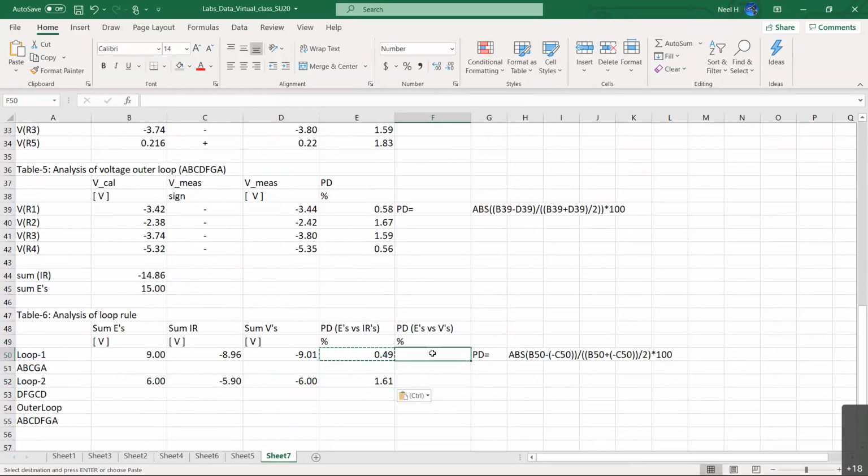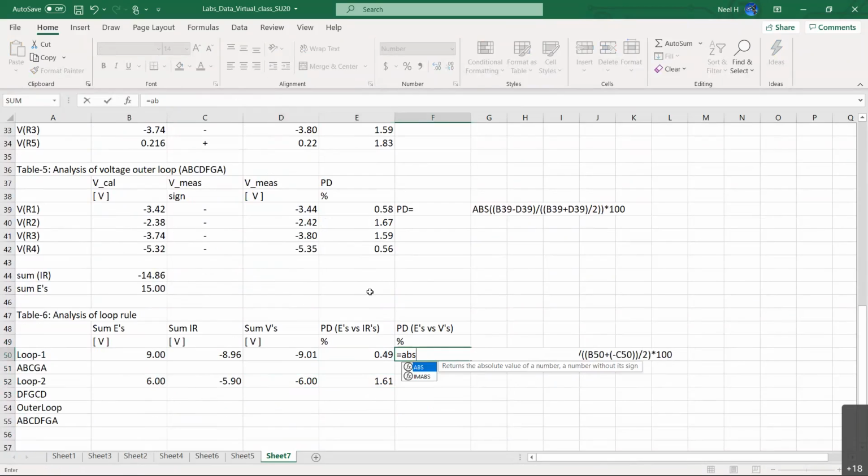Let me do this percentage difference also. You can copy paste this one here to here, but you have to readjust, okay. ABS parentheses, difference between E and B, minus parentheses, another minus, this guy, close parentheses twice, divide by parentheses, addition between these two, plus parentheses, another negative sign, this guy, close parentheses twice, divide by 2, close parentheses again, multiply by 100.